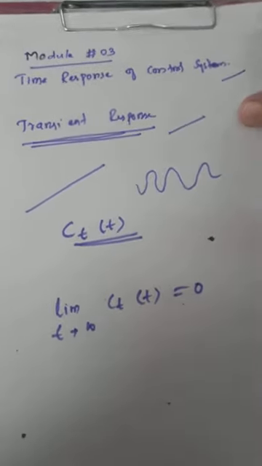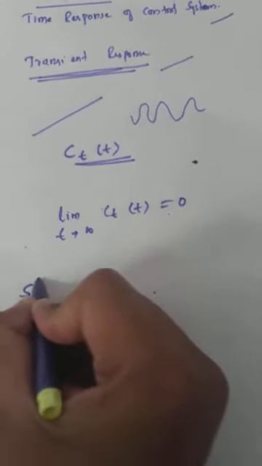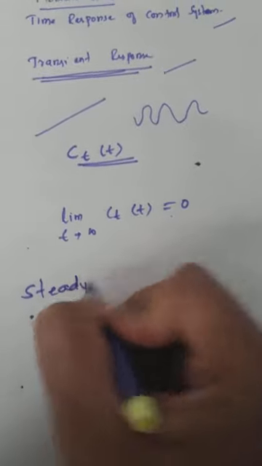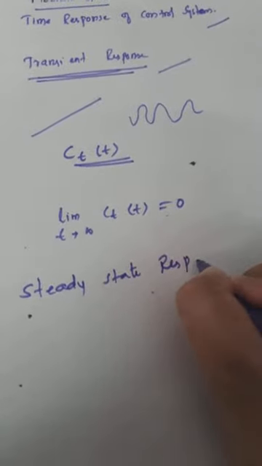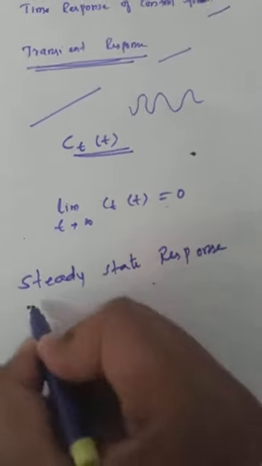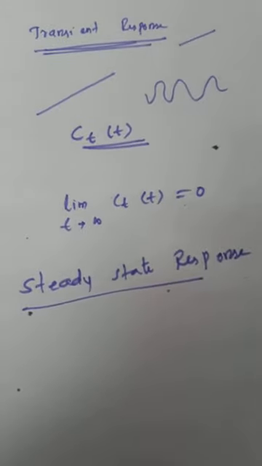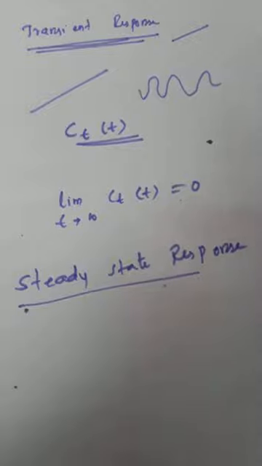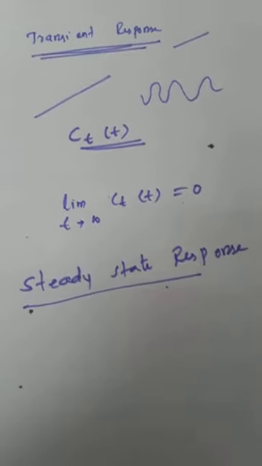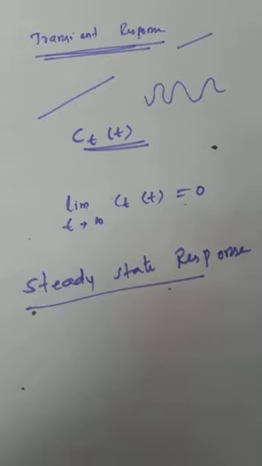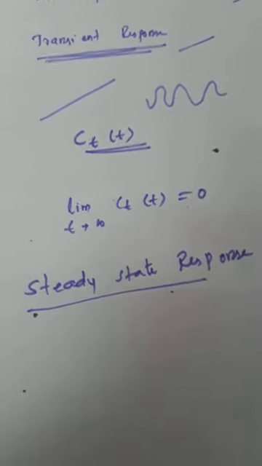Now coming to the third point, steady state response. It is the part of the time response which remains after the complete transient response vanishes from the system output.